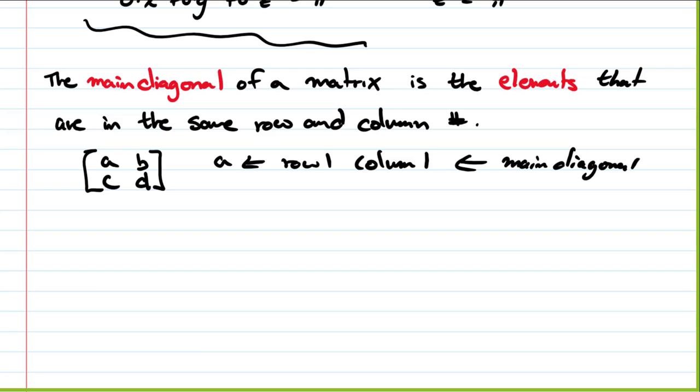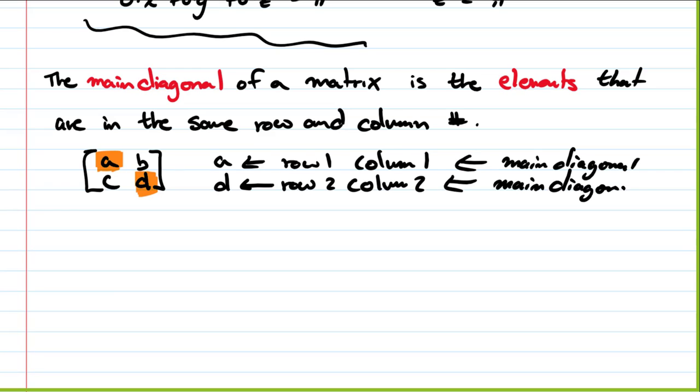And our element D is also on the main diagonal because it's in row 2, column 2. The reason we call it the main diagonal, as you can see visually, is it's the elements that, starting in the upper left-hand corner, are on the diagonal stretching to the other side.